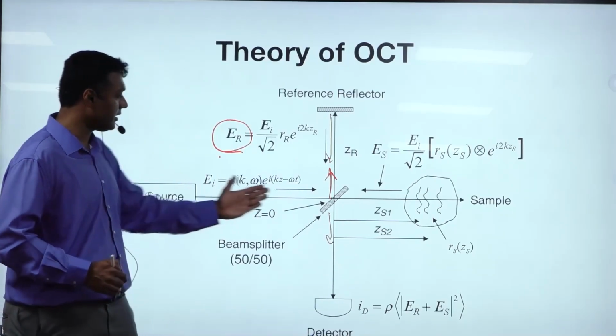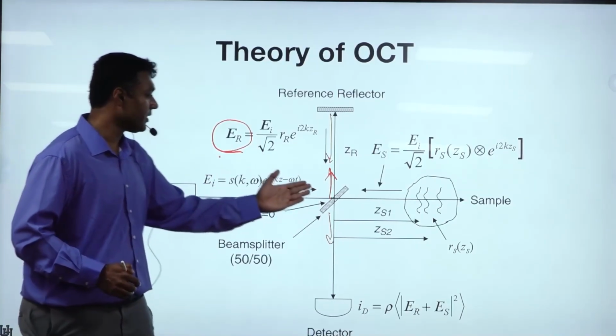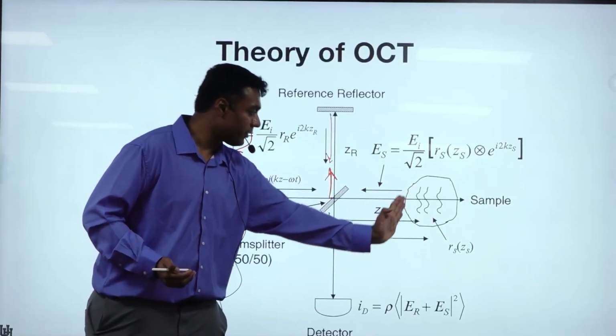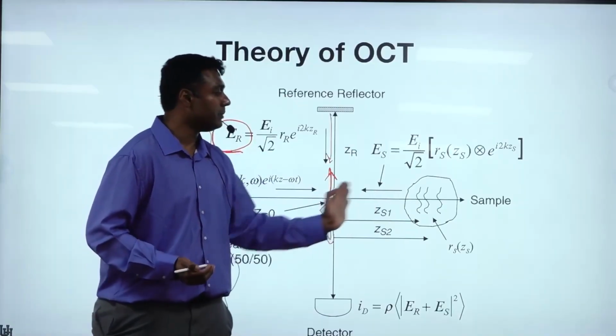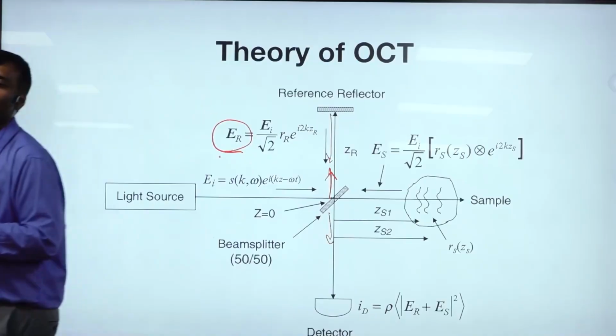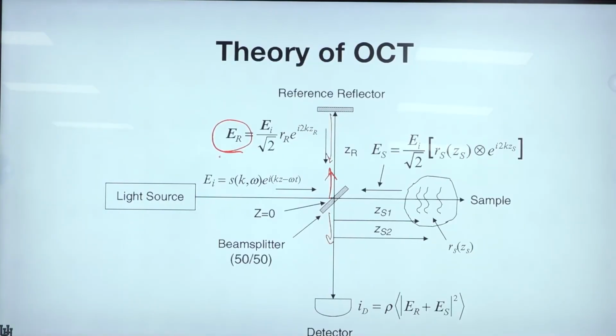Similarly, the light that comes in here, the field is E, the electric field for example, it goes through here, and from every layer there is a back scattering happening. So you have multiple signals that come back. Only one signal goes forward, but multiple signals come back.